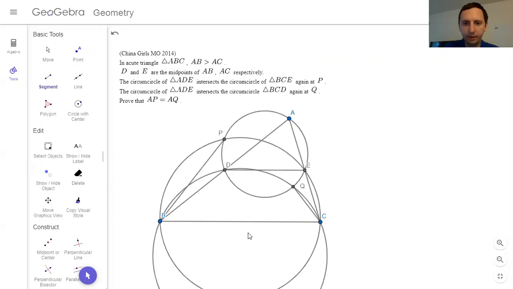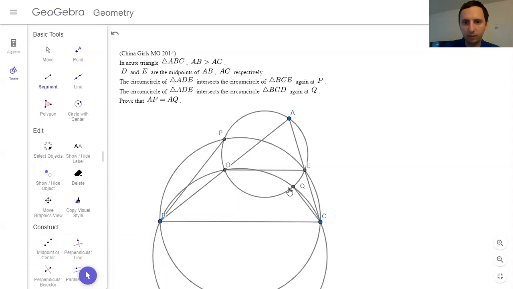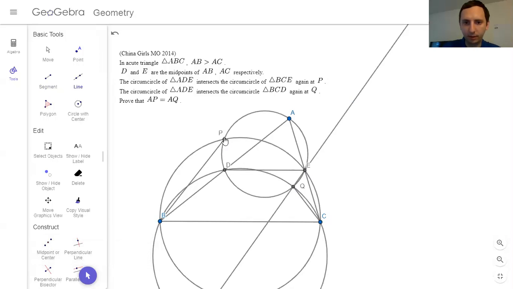BC, QD, and EQ concur. Oh yeah, I was going to say QE and, wait, PD. What are the three that concur?